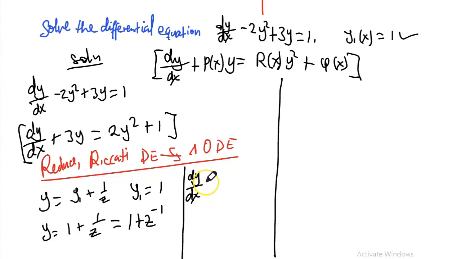And when you differentiate z to the power negative 1, I am going to bring the 1 down, so I have negative 1 multiplied by the derivative of z, then subtract 1 from negative 1, which gives me negative 2.